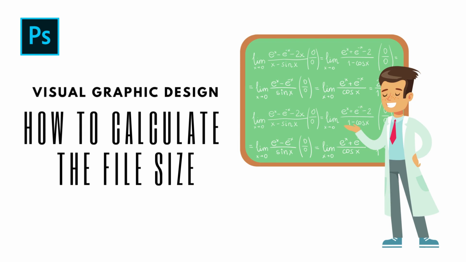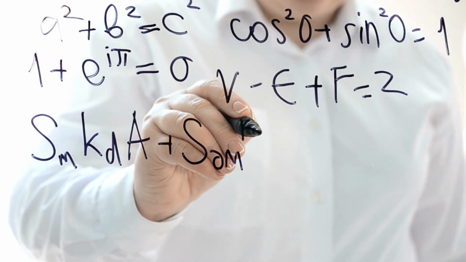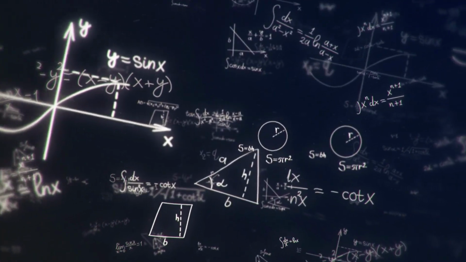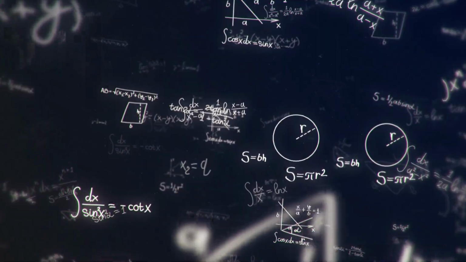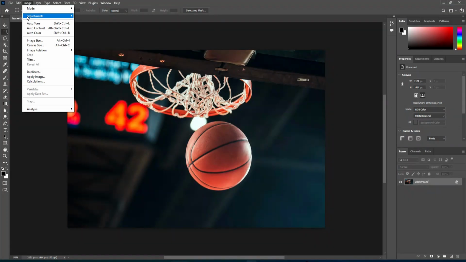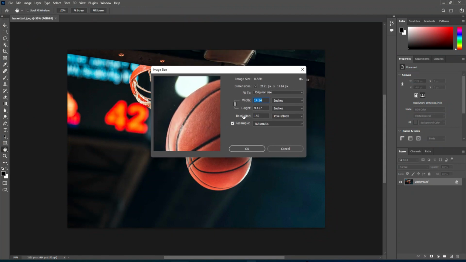How to calculate the file size? So to figure out the file size of an image, all we need to do is take the total number of pixels and multiply it by 3. Find the total number of pixels in the image. First, we need the total number of pixels, and we find that in the Image Size dialog box.